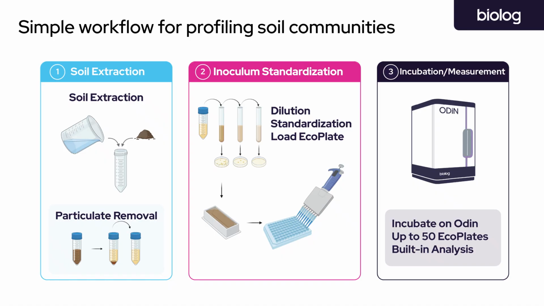We're gonna pick that density and we're gonna load that dilution onto plates. And the goal here is to create a consistent inoculum that reflects the community while minimizing experimental noise, right? So it is important to standardize it.